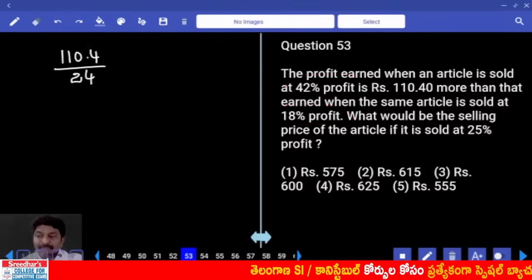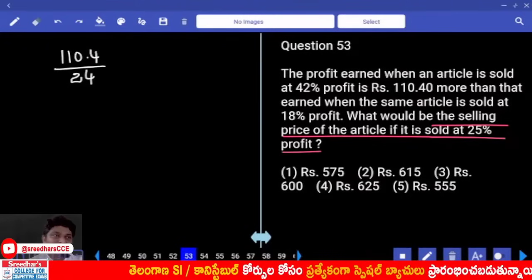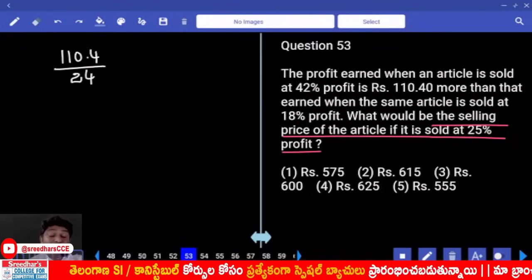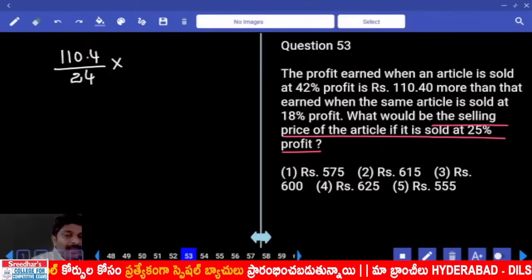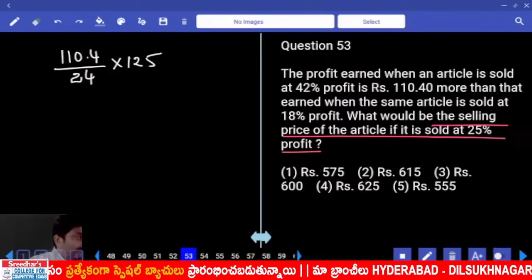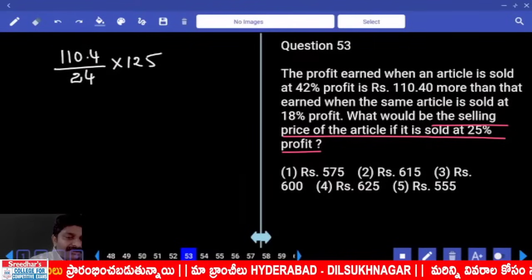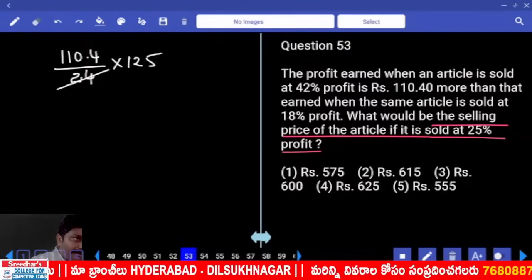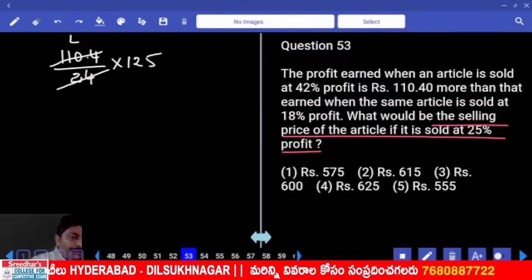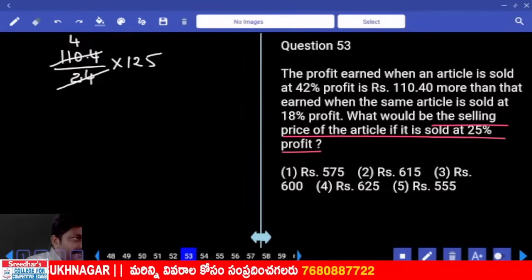What would be the selling price of the article if it is sold at 25% profit? When you are selling it at 25% profit, selling price will be 125%. Got it? So now cancellation with 24. 24, 4 times is 96.